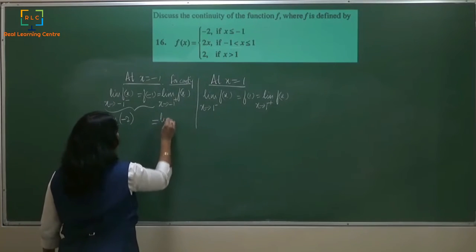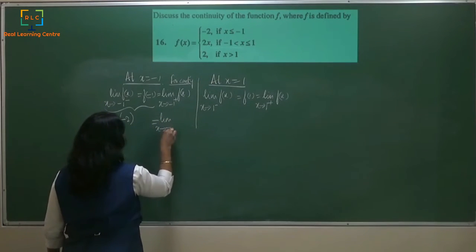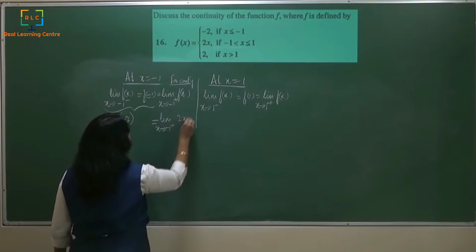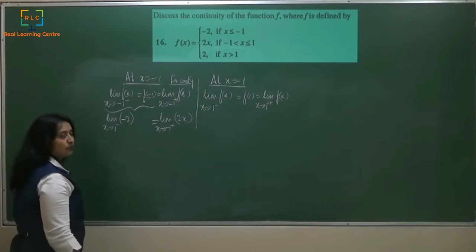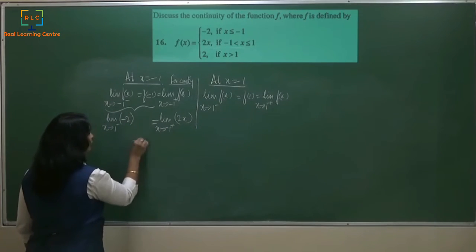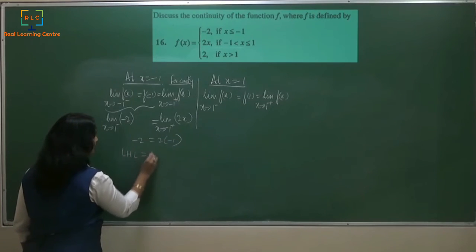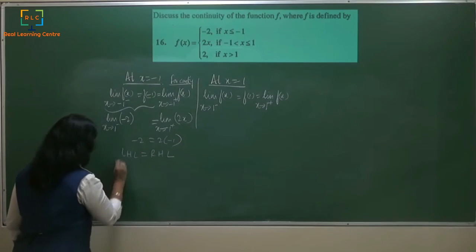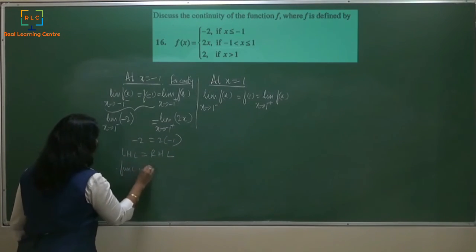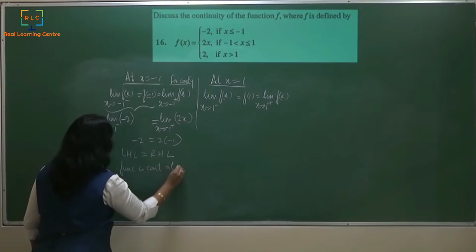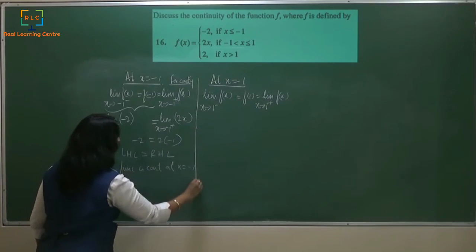So here I write limit as x tends to minus 1 plus of 2 into x. I plug in x equal to minus 1. Here I have got minus 2 and this is 2 into minus 1. LHL is equal to RHL. Therefore, the function is continuous at x equal to minus 1.